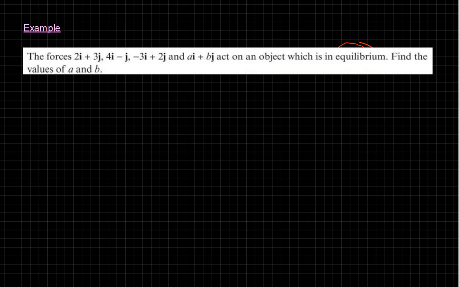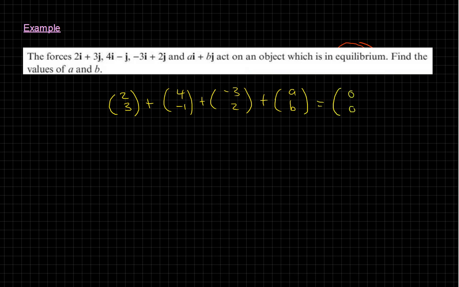So effectively you're going to form the following equation: the 2, 3 vector plus the 4, minus 1 vector plus the minus 3, 2 vector plus A, B is equal to 0, since in equilibrium the addition of all the vectors is 0.